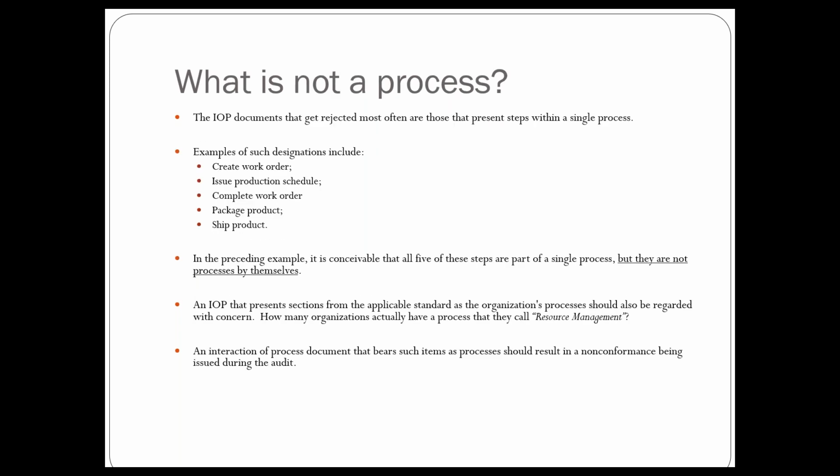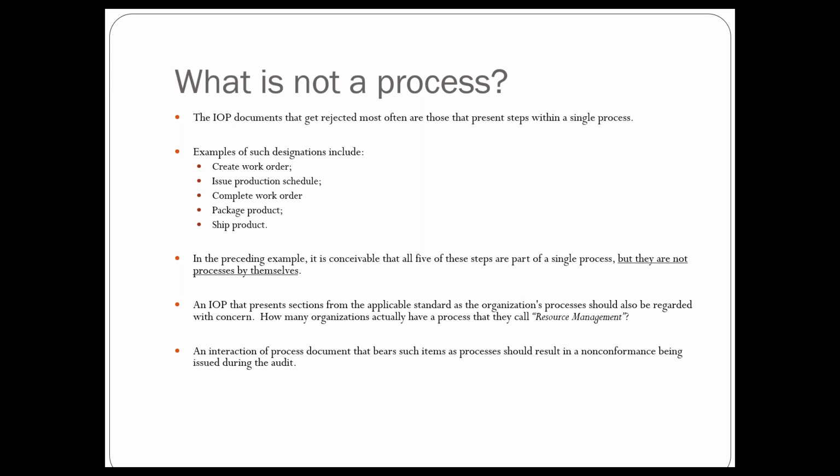Now, in terms of what is not a process, there's less of this than there used to be. But one of the issues that we were facing, particularly back in 2014, when this effort was first deployed, were IOP documents that presented steps and said, well, these are processes.